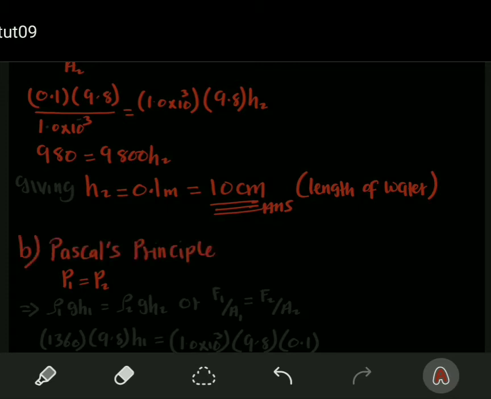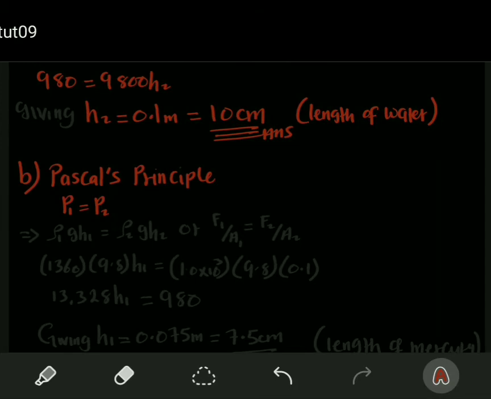Okay, so this is now part B of the question. If we want to find the height of column 1, the expression for pressure that we are going to use in this case is one which contains the variable for h.